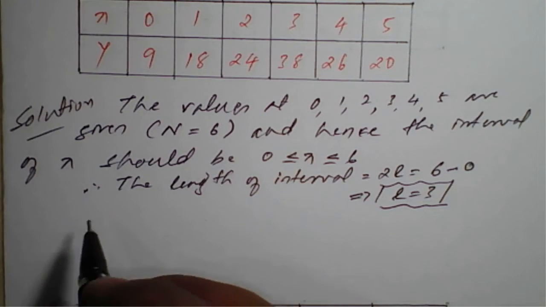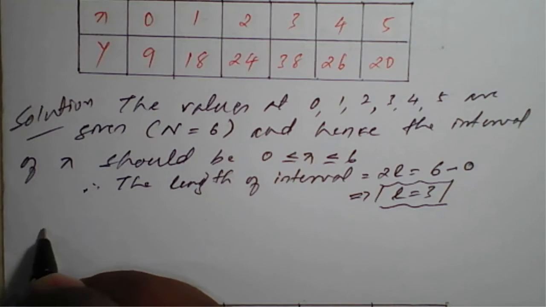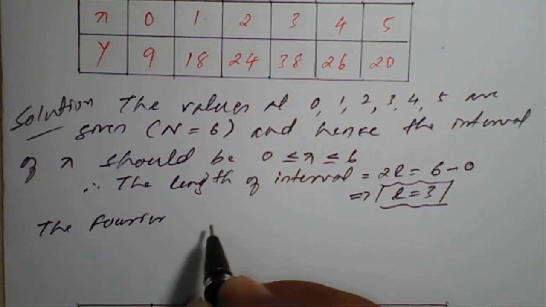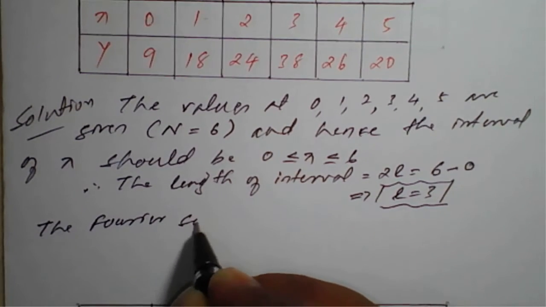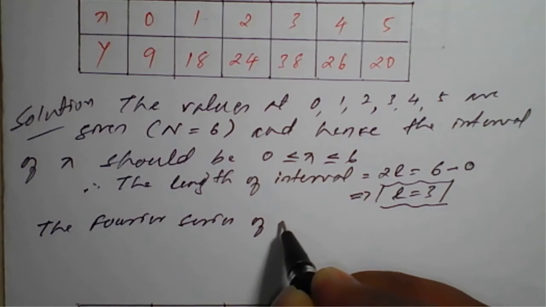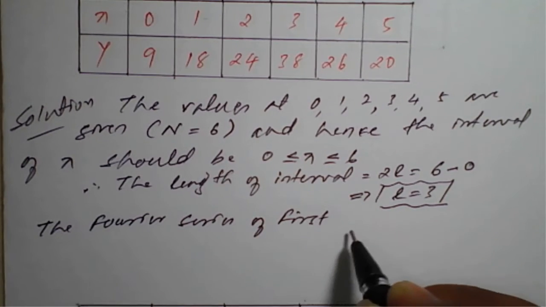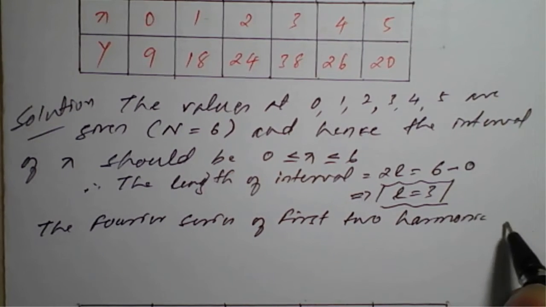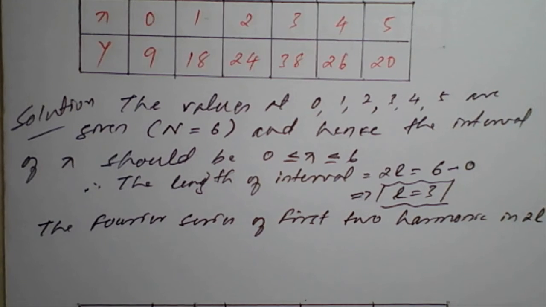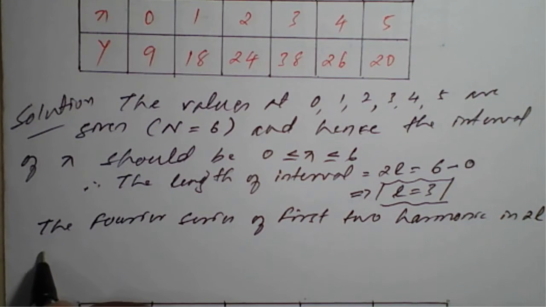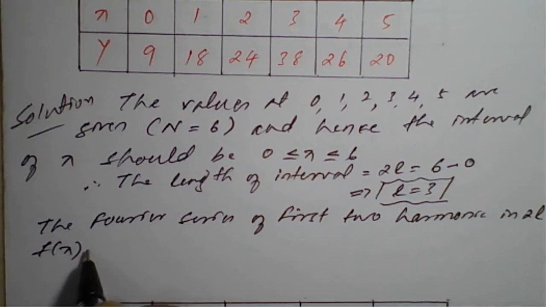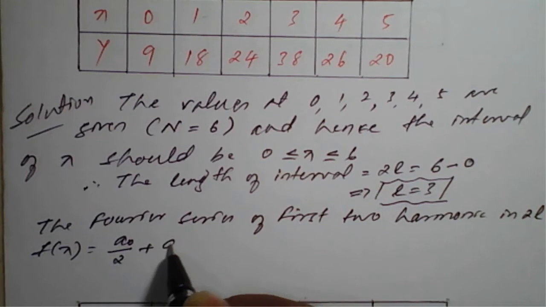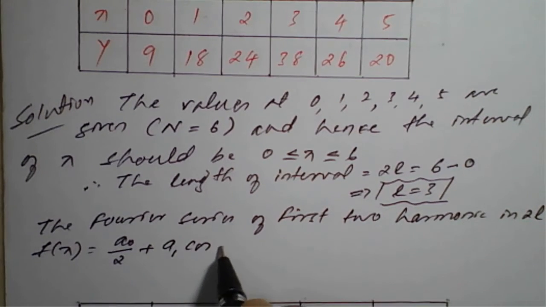The Fourier series of the first two harmonics in period 2L is given by f of x equals a0 upon 2 plus a1 cos theta plus b1 sin theta.